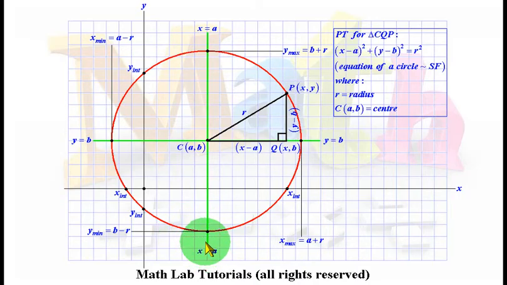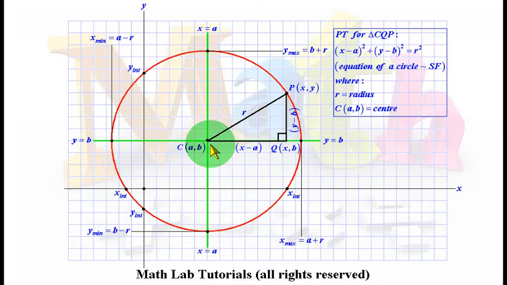x equals a is just the vertical line passing through the center, and y equals b is the horizontal line passing through the center. And just a few more things. y min, which is the smallest y value, is in fact b minus r. The y value of the center is b, and of course this is the radius r.